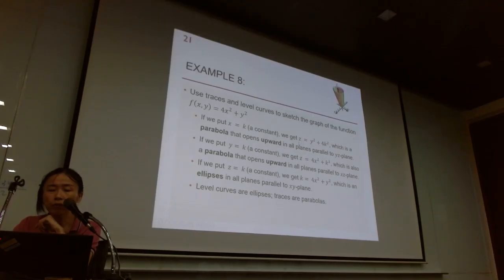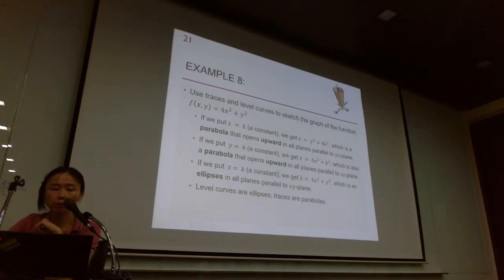The first one, z equal to y squared, where this one is a constant. So this is what? A parabola. Face up or down? The y coefficient is 1, so it faces up. Then z equal to 4x squared, the coefficient is 4, also upward. A parabola, so it's a U shape.